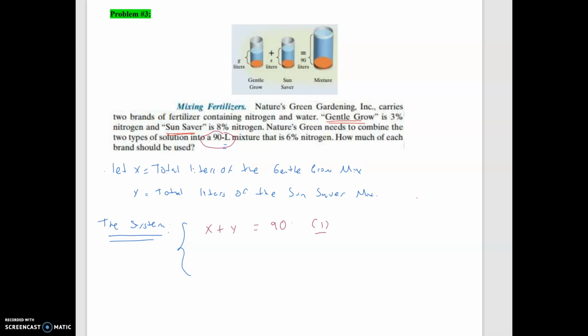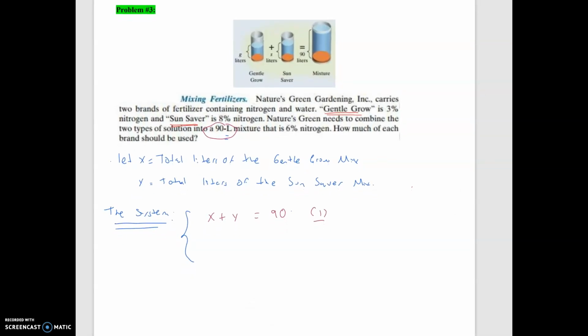Our second equation has to deal with the percentages on each of these. We're told that the first one is going to have 3%. So let me write it as a percent: 3% x plus 8% y.